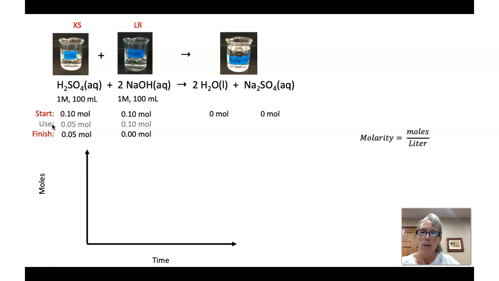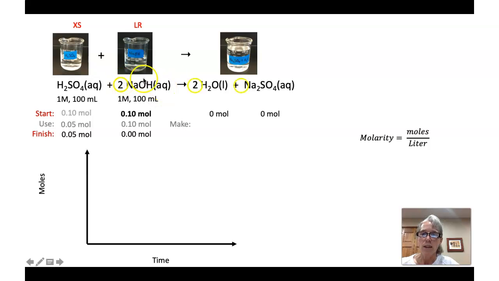Okay, so how much are we going to make of each of the products? Well, we have to focus on just the sodium hydroxide because we have 0.1 moles of that. The 0.1 moles of the acid doesn't matter because that's in excess and doesn't all get used. So we'll focus on the 0.1 moles of the base.